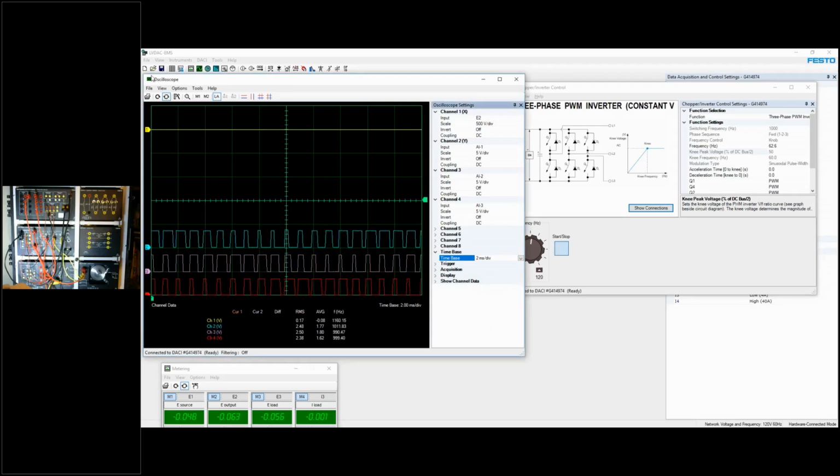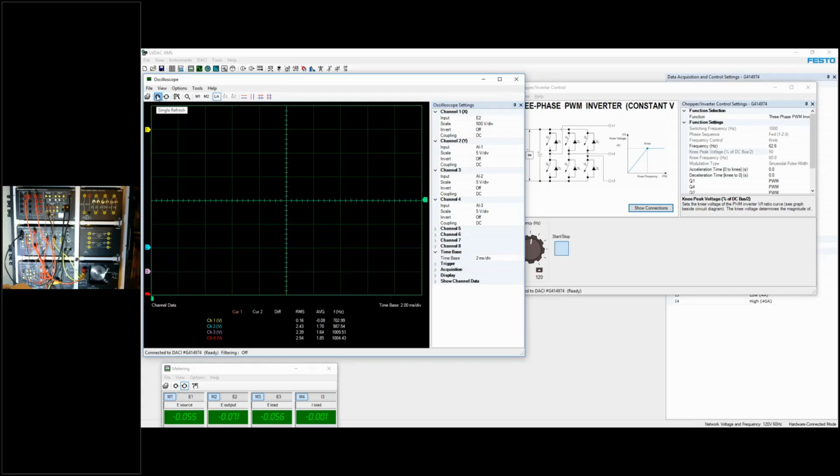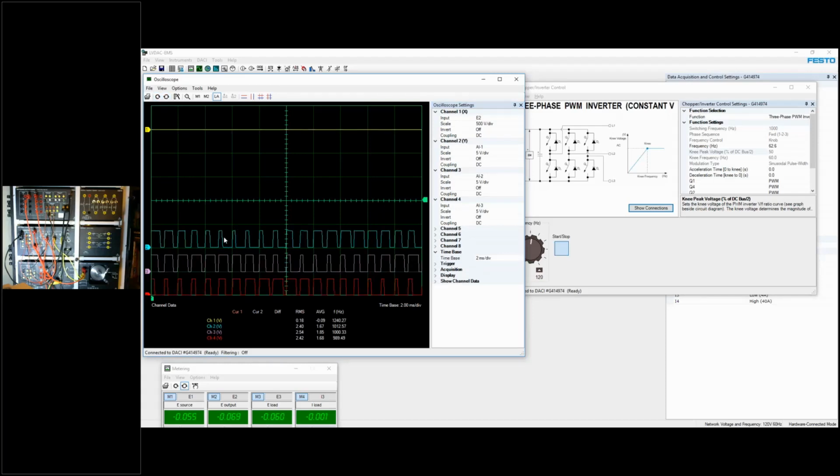So you will see, if I stop the capture, that we have 3 triggering signals sent to the 3 pairs of transistors that are complementary to one another. In fact, they are phase shifted by 120 degrees to one another to be able to generate the 3 signals that are 120 degrees out of phase out of the inverter circuit.